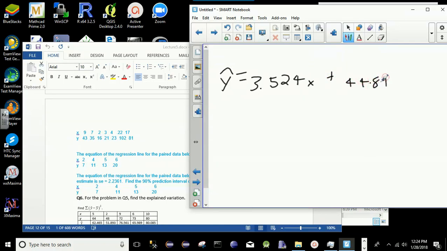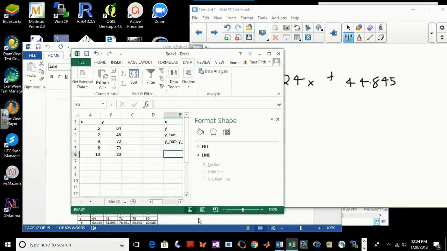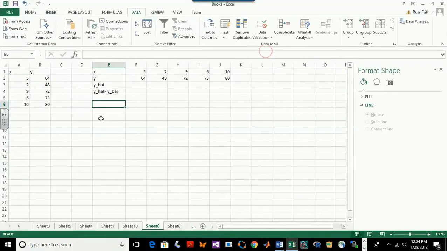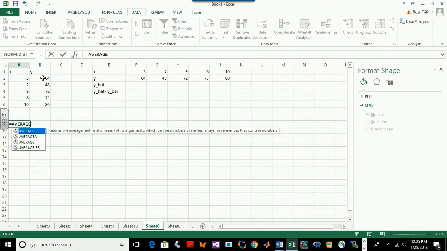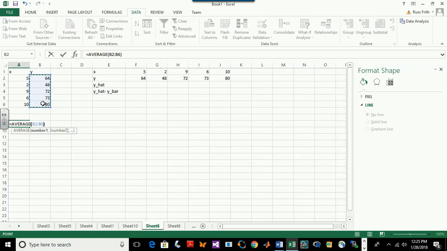Okay, so that was found previously. So now if we go back to Excel, we need y bar, right? So y bar is the average of the y values. So it would equal average of this. Okay, so there's your y bar value, 67.4.